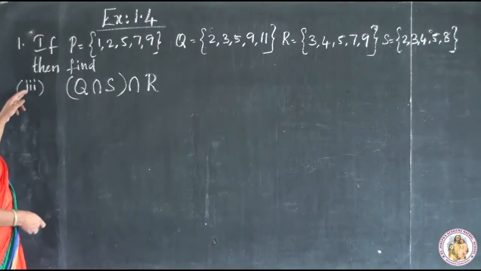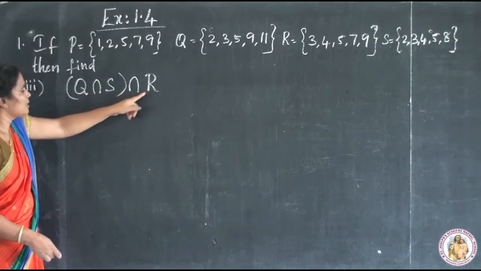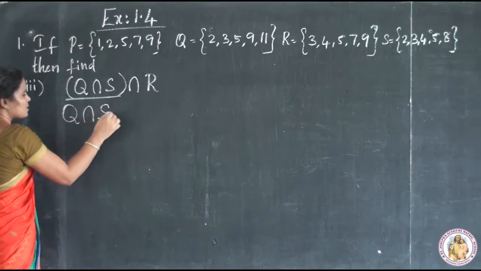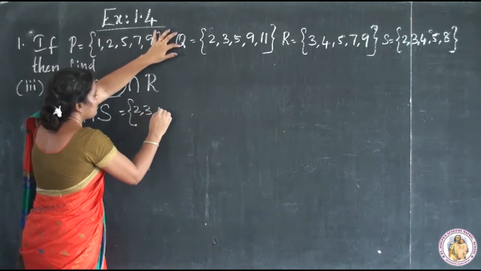In question number 3, there is Q intersection S intersection R. Same procedure. First go with Q intersection S. What is Q intersection S? 2, 3, 5, 9.